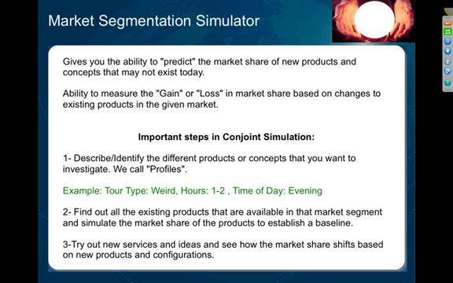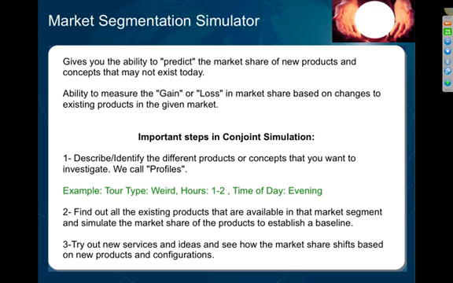So for example, I've just set up a profile below here of the tour type. We're doing a weird Seattle tour, 1 to 2 hours, time of day, evening. I kind of just pulled that out of nowhere, and I'm going to test that against a bunch of different other profiles I'm setting up.